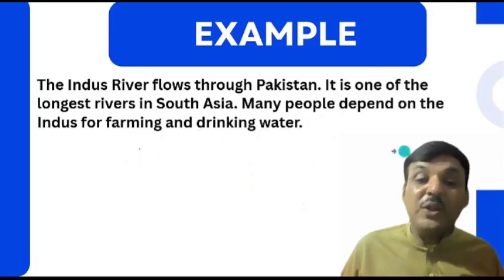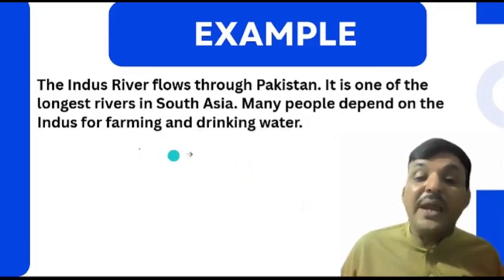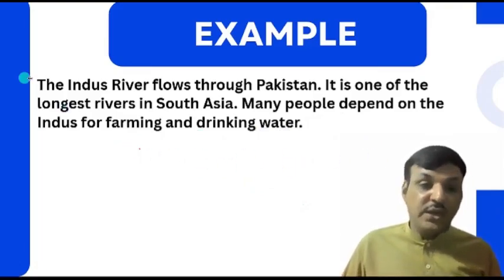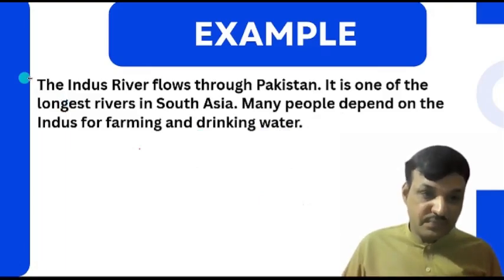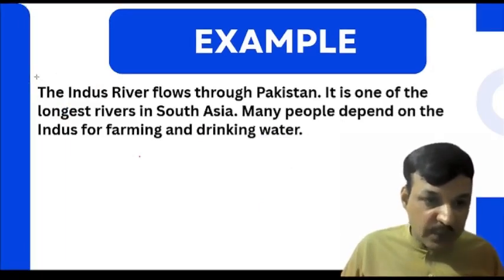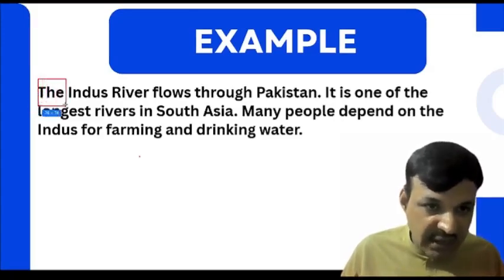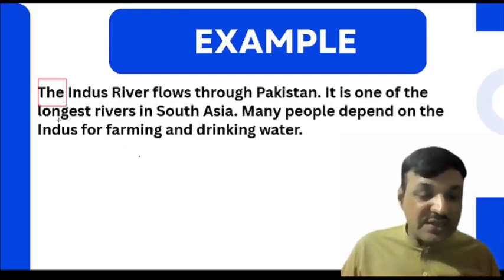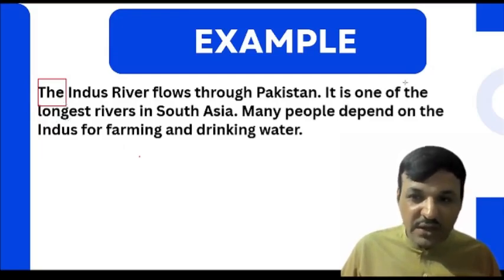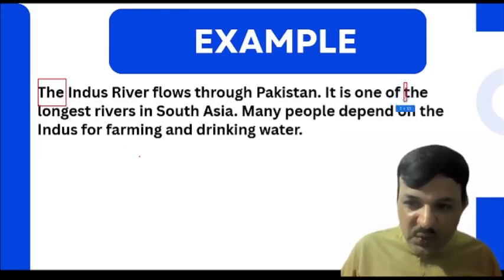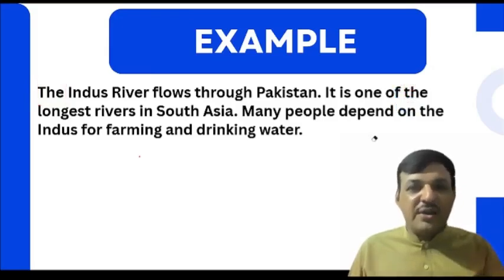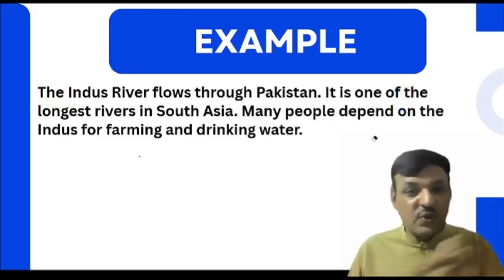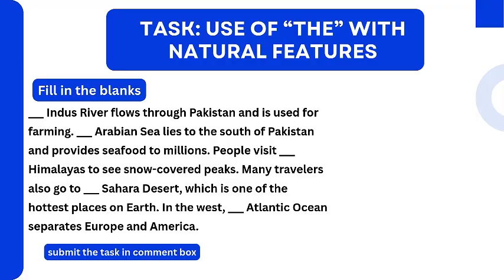Many people depend on the Indus for farming and drinking water. Here you can notice that with the Indus River, we have used the article. And if you go back a little to the fourth rule, longest is the superlative degree of the adjective, so "the" is used with it also. Now you understand better. It is your turn now. Go to the task and solve it.